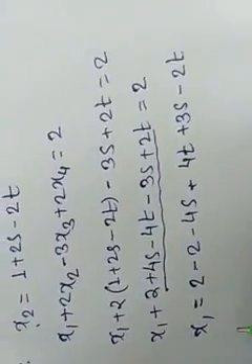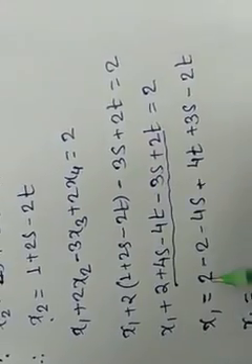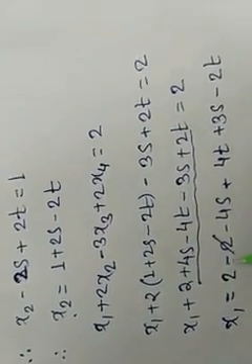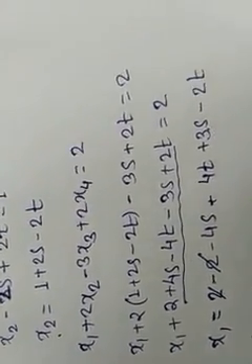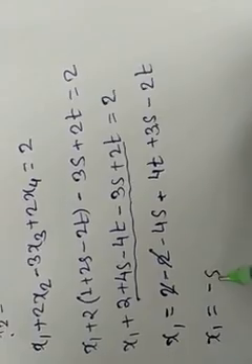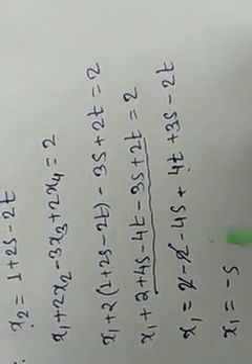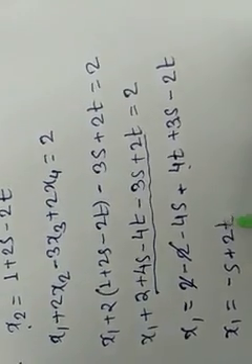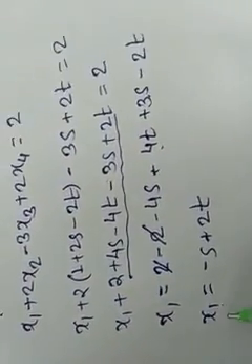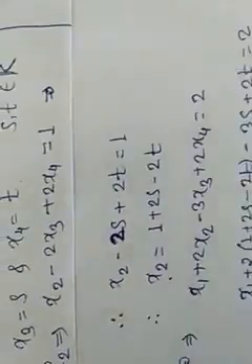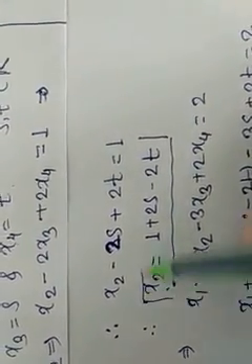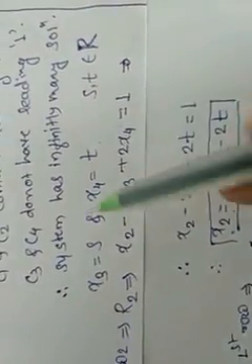Now simplify: plus 2 and minus 2 is 0, minus 4s plus 3s is minus s, and 4t minus 2t is plus twice t. So x1 is equal to minus s plus 2t, x2 is 1 plus 2s minus 2t, x3 is s and x4 is t.